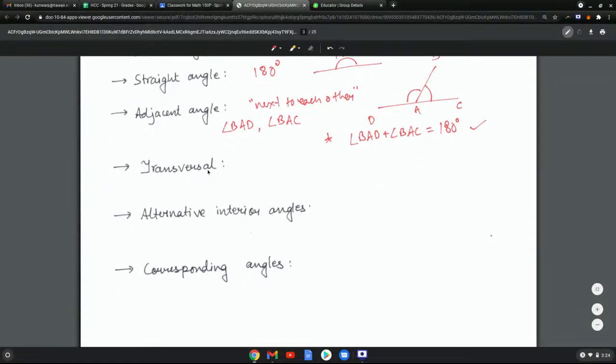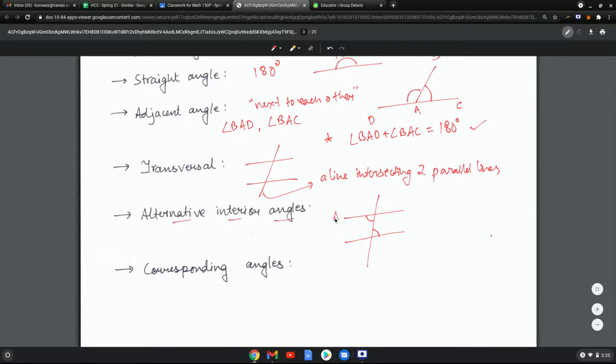A few other terms: transversal. If you have two parallel lines and a third line intersecting the two parallel lines, that line is called a transversal. When you do this, you create certain angles. These angles right here are called alternate interior angles.